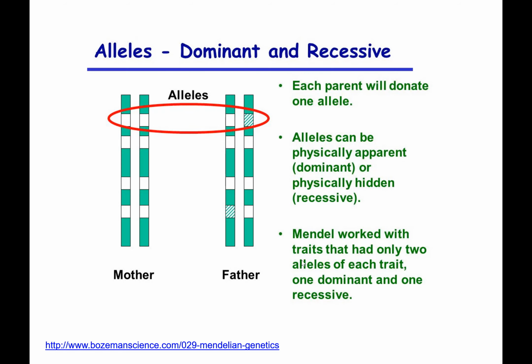We are going to work primarily with genes that show dominant or recessive inheritance. Okay. So, here's your alleles. You got your mom's 2 chromosomes, you got your father's 2 chromosomes. Each parent will donate 1 allele. Alleles can be physically, so when we talk about phenotype, is when we talk about dominant or recessive.